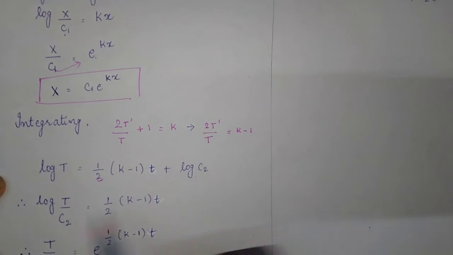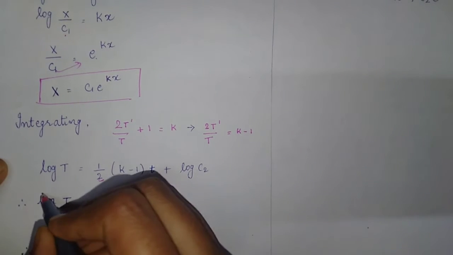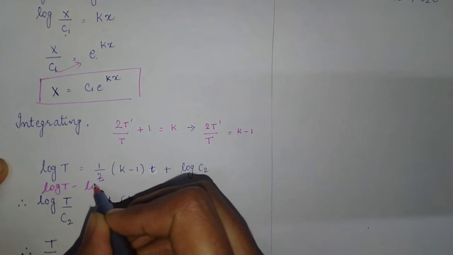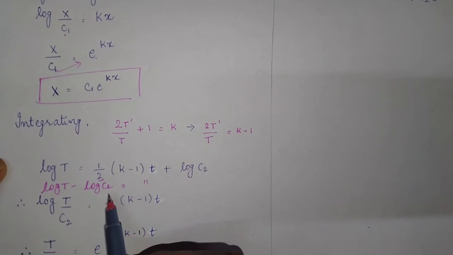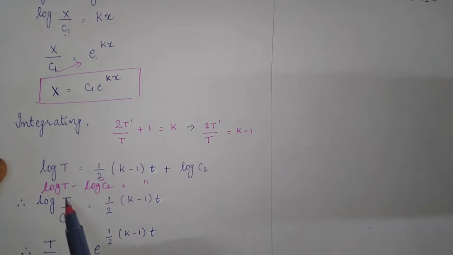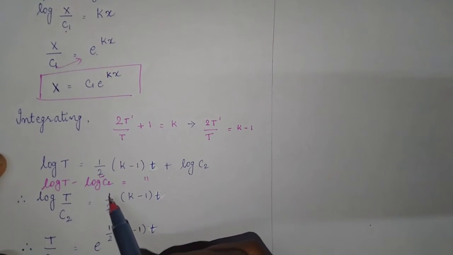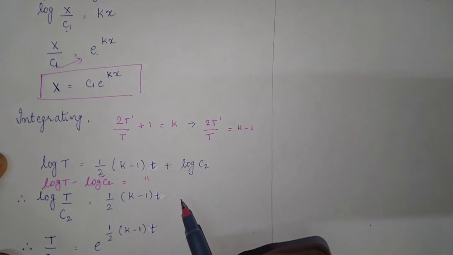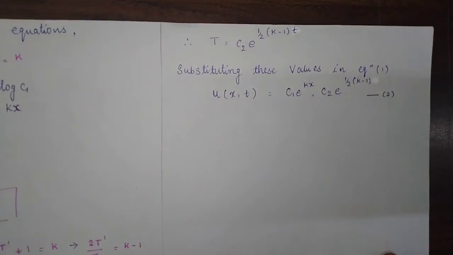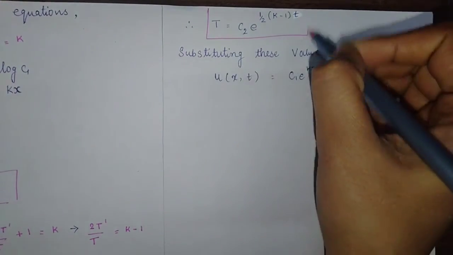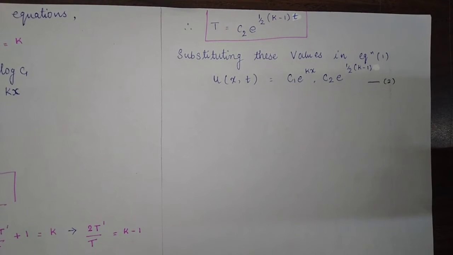Log terms I have to clear, because it will be log t minus log c2, and that is equal to this term. We can write log t by c2 equal to 1 by 2 into k minus 1 t. And in order to remove the log, here we will write the exponential term. So we got the value of capital T, that is c2 into e raised to 1 by 2 into k minus 1 t.